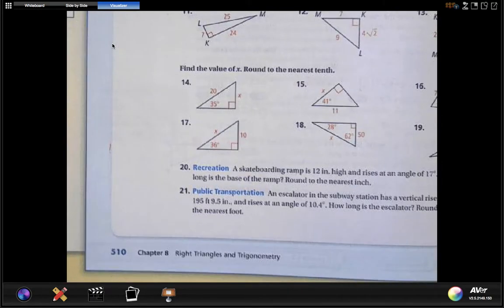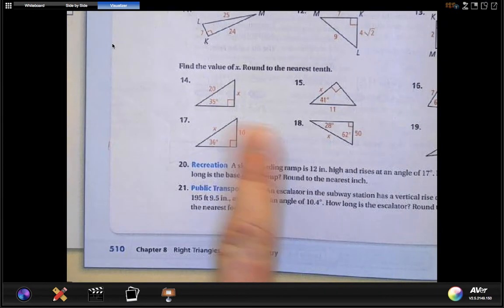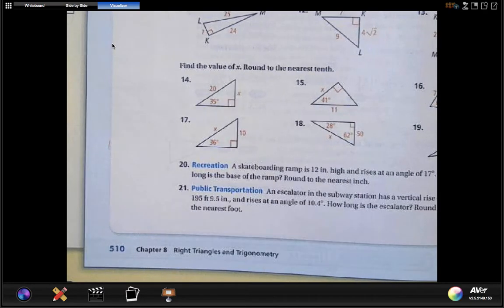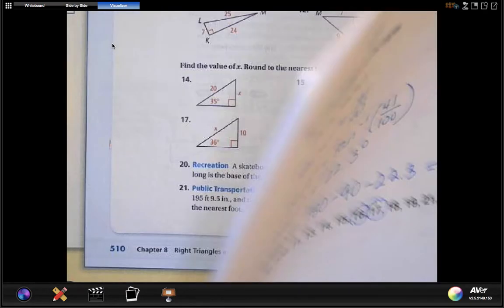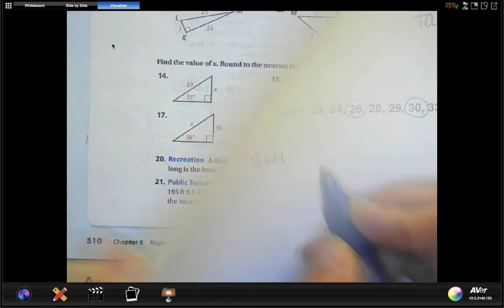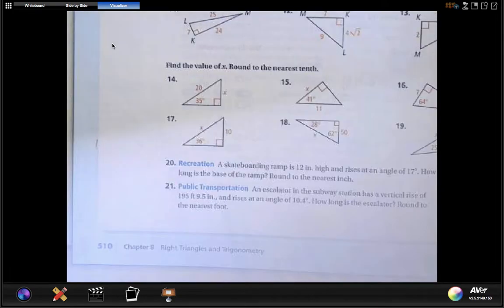17, same type of problem. I've got the hypotenuse there, and I've got the opposite of 36. So if I have opposite and hypotenuse, that's my sine function. So the sine of an angle, in this case 36 degrees, is equal to the opposite over the hypotenuse.